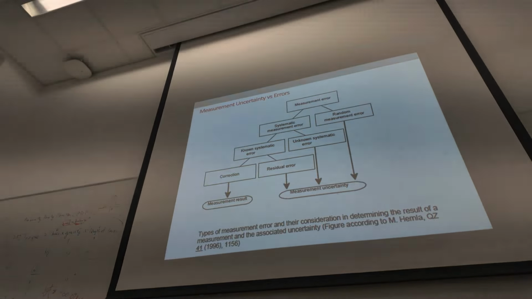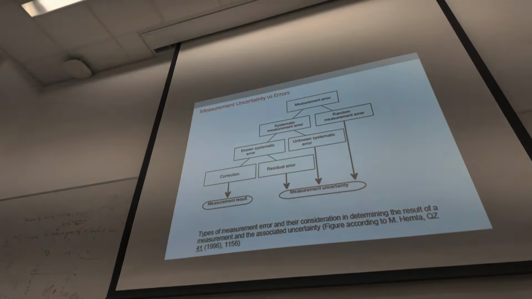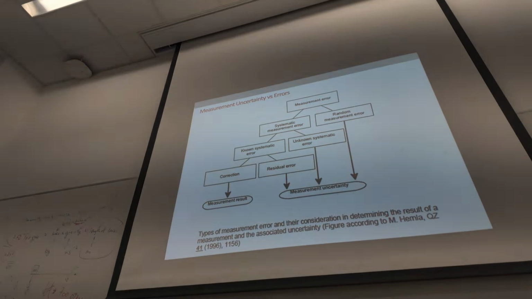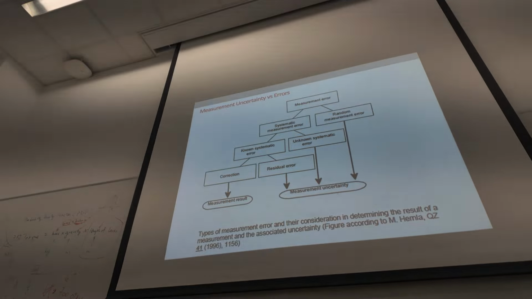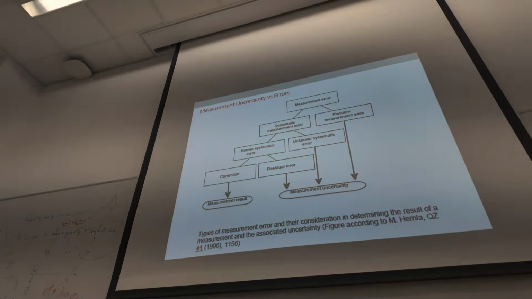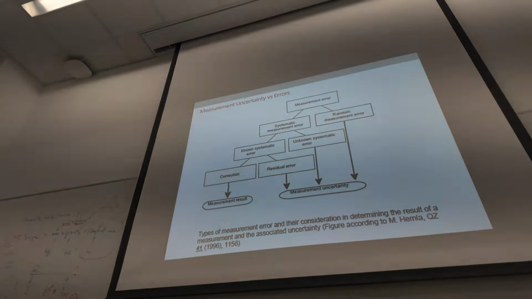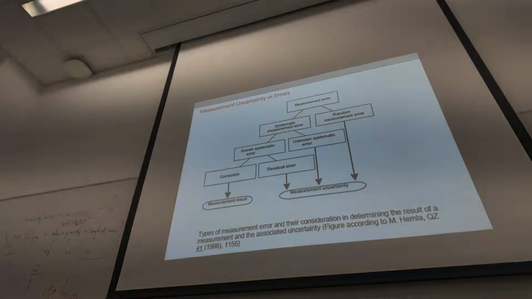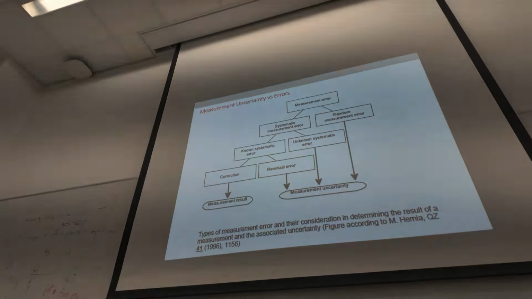I might ask you what's the difference between errors and measurement uncertainty, and then you tell me that measurement uncertainty is actually the random measurement errors plus the systematic errors for the unknown systematic errors and the residual error from known systematic errors.